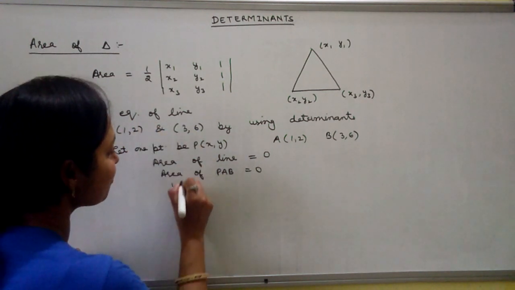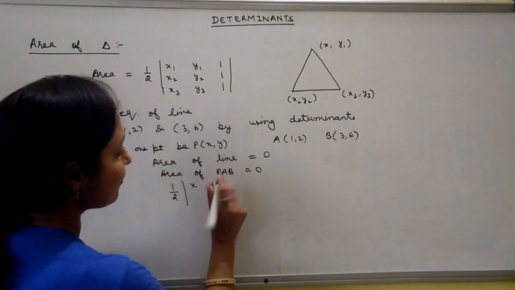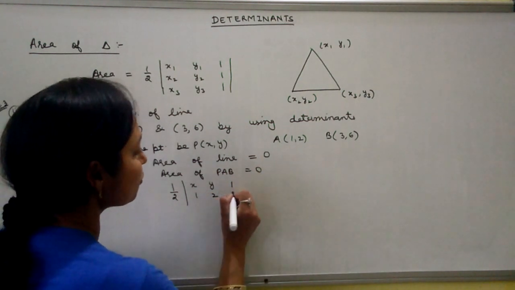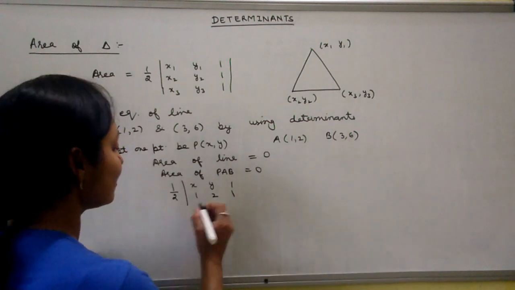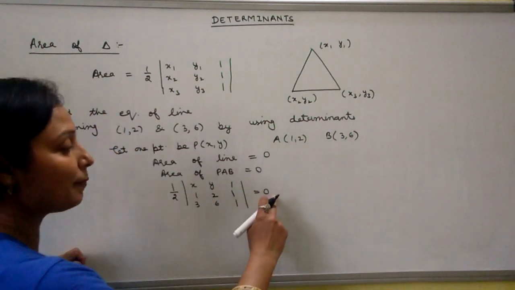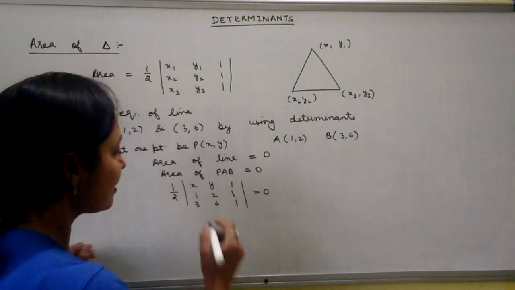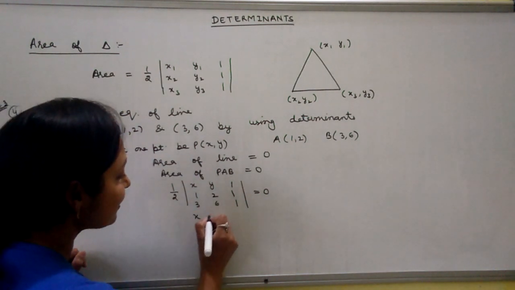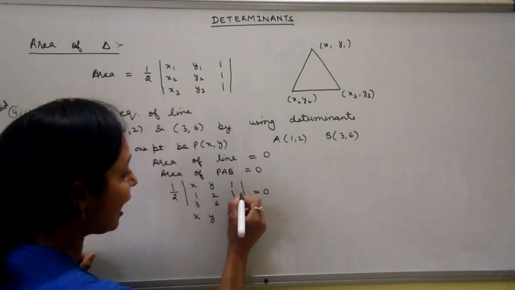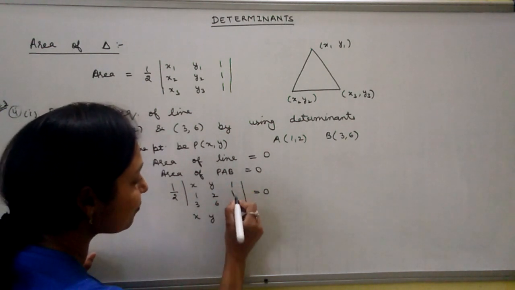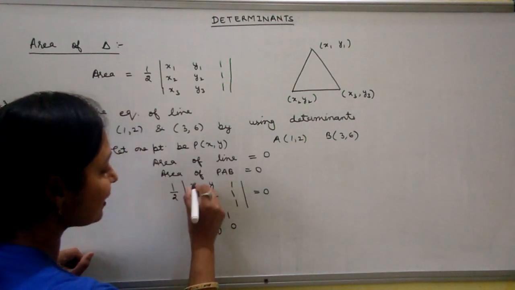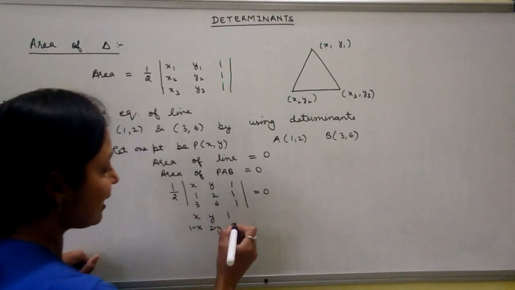How? 1 by 2 determinant. First of all take point x, y, 1, then A, 1, 2, 1, then the third one 3, 6, 1. Now make these two zeros by using properties. R2 minus R1 gives 0, 2 minus y, 1 minus x.